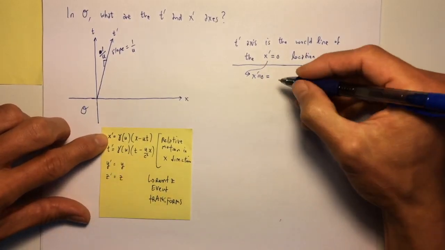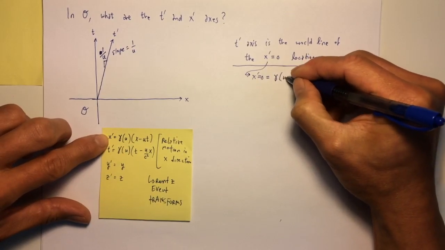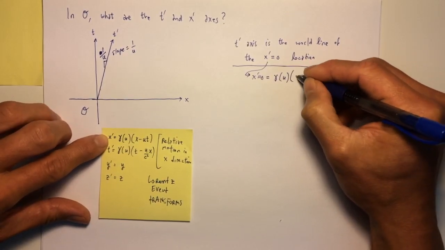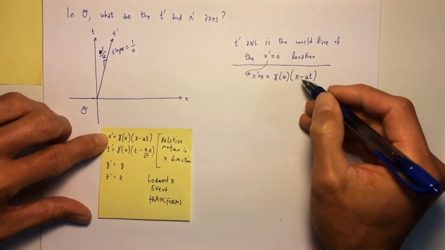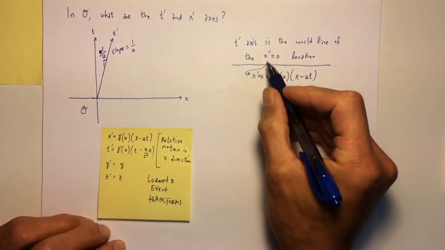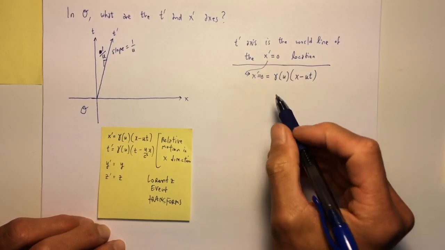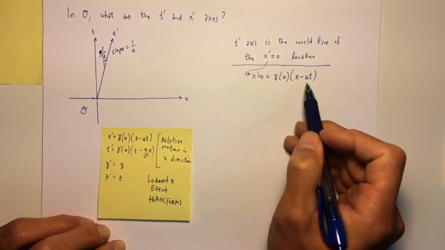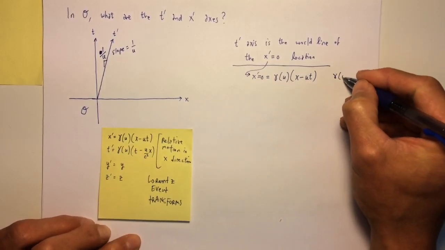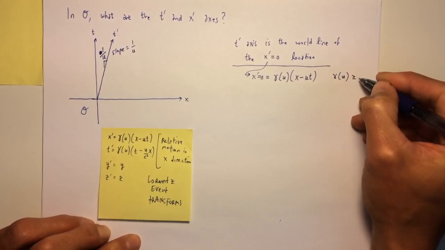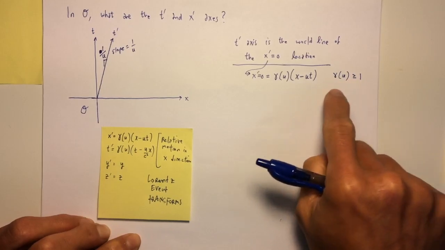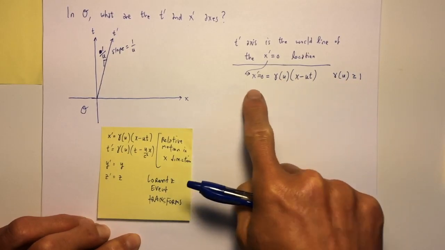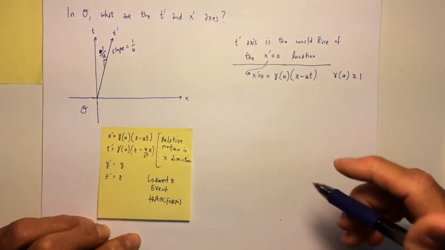Here's x prime. So it's gamma of u times x minus ut. So that means 0 equals this stuff here. Remember that gamma of u is never 0. It's bigger than or equal to 1. So I can divide it away, so there's no danger of it being 0.